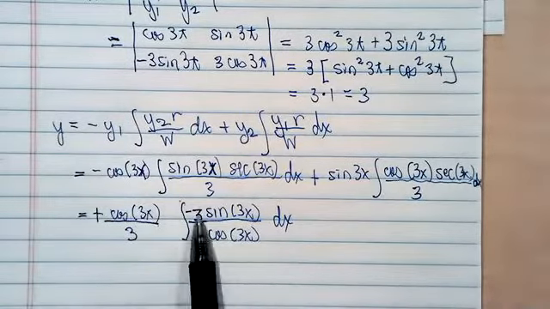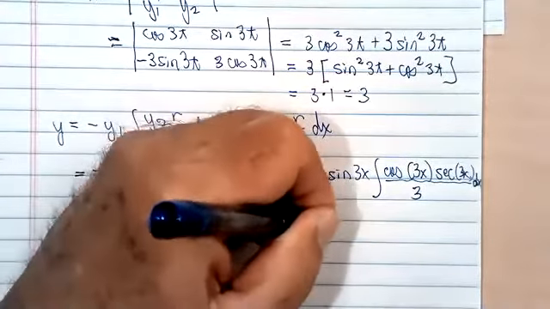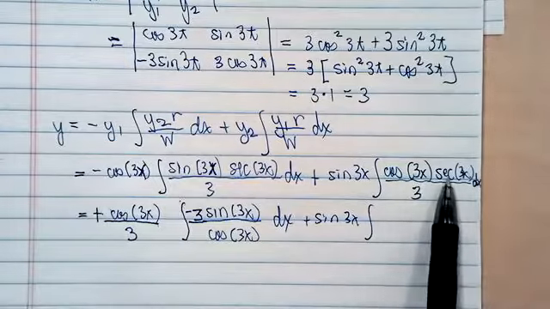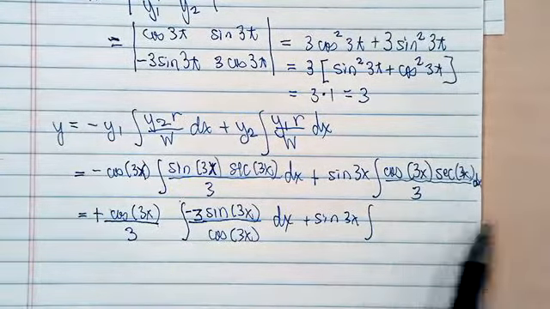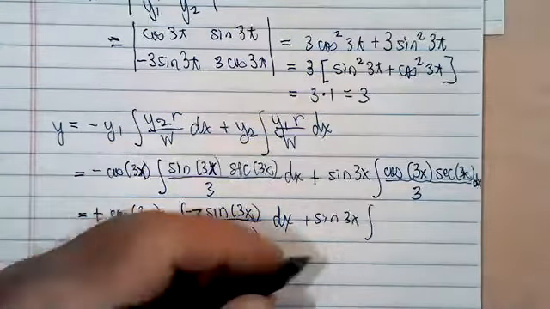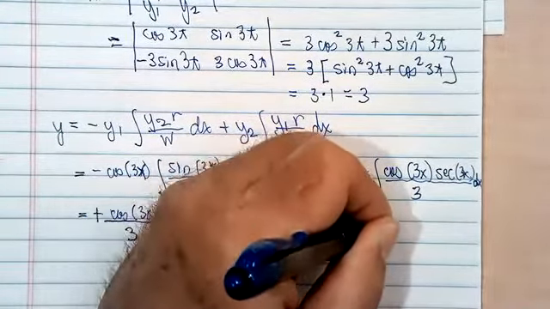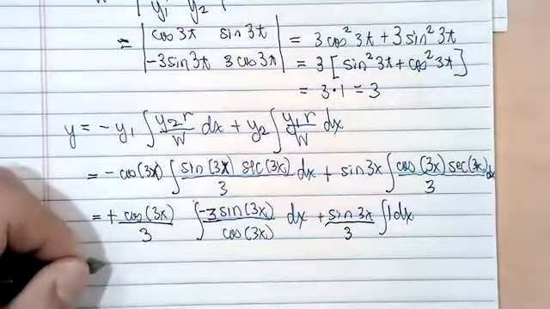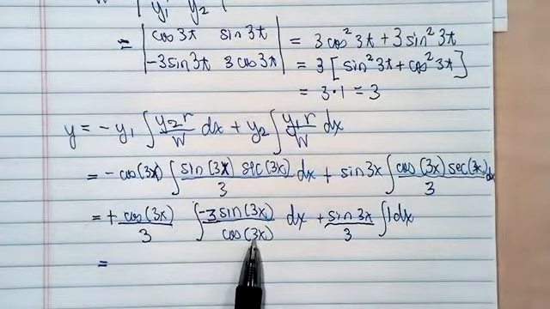So if that's u, then that part on the top is du. So this is the form du over u. Sine 3x, this one actually is pretty nice. Secant of 3x is 1 over cosine of 3x, so it's cosine 3x over cosine of 3x. That's just 1. And the only thing that's left is the 1/3. And then dx, or 1 dx if you like. Okay, now this has the form du over u.